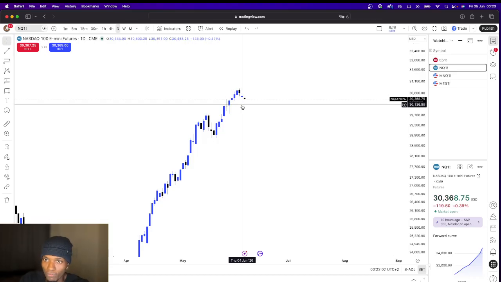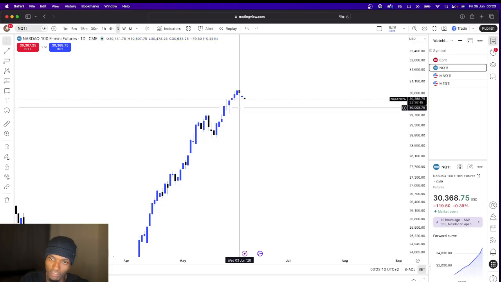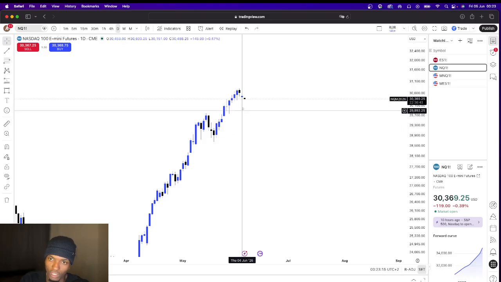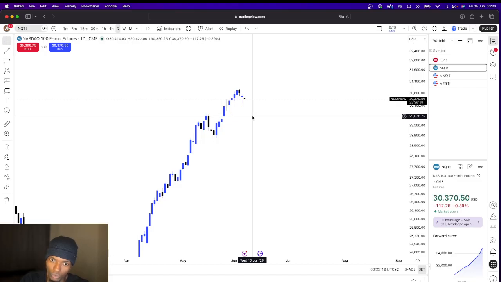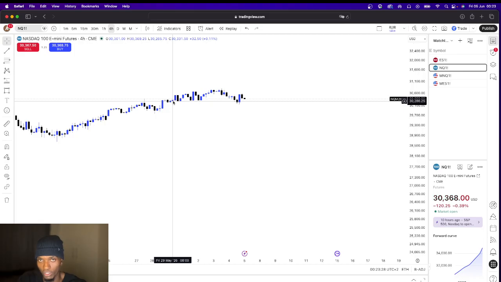So to determine our daily bias, we can't use the daily candlestick, unless there is some form of structure that we can look at. Besides that, we can't use the daily candlestick. So we have to scale down to 4 hours, so that we know whether for that day we are bullish or bearish.